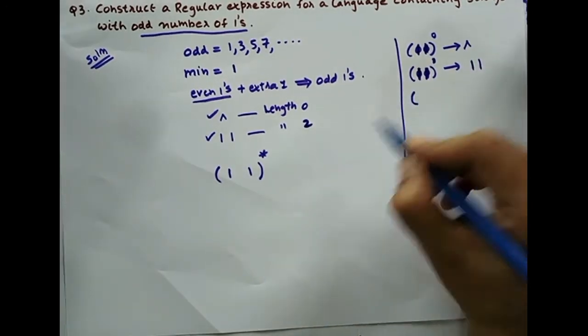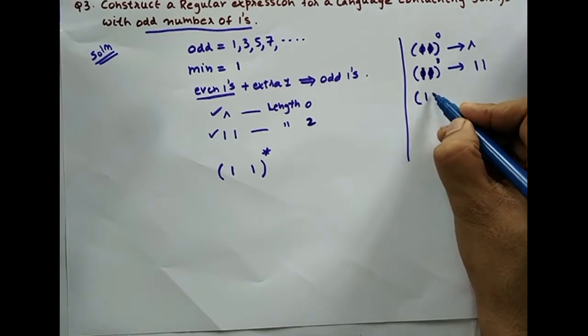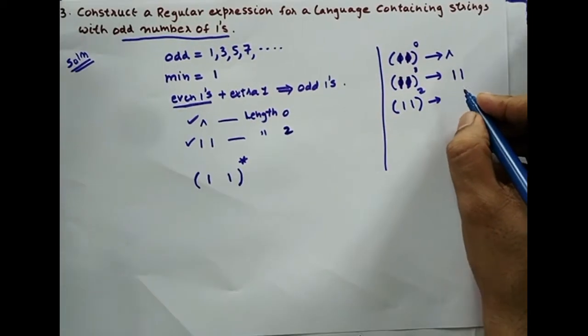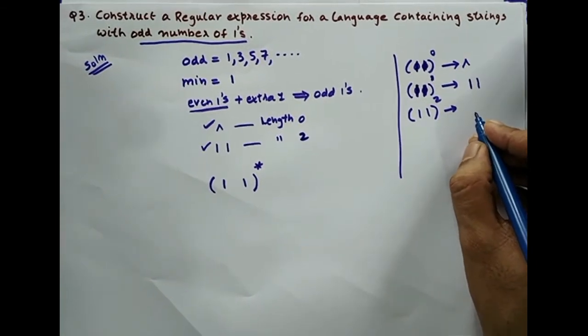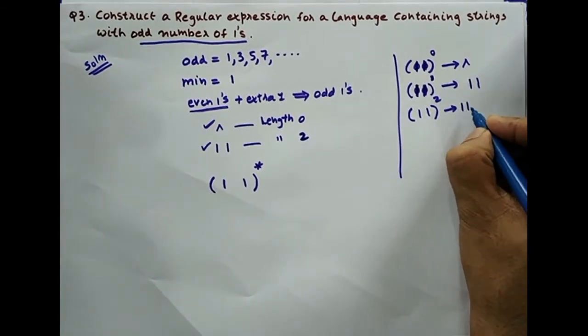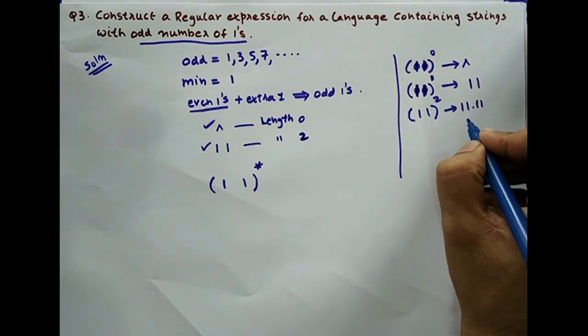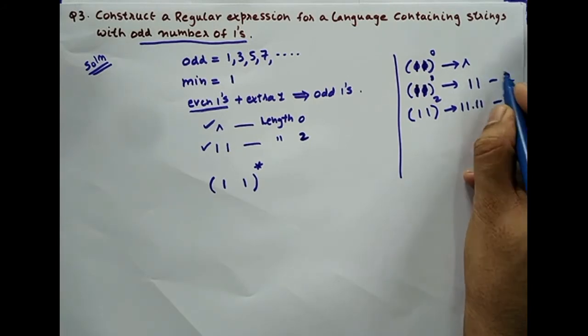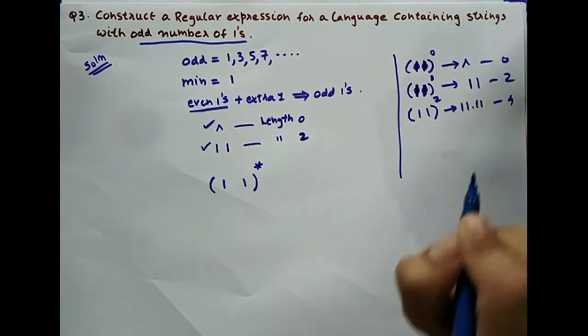When this sub expression is repeated 2 number of times, then in the first excess I will get 2 ones, and in the second excess I will get 2 ones. So what I will get is 4 number of ones. Okay, so this is length 4, this is length 2, this length 0. So these are all even lengths.